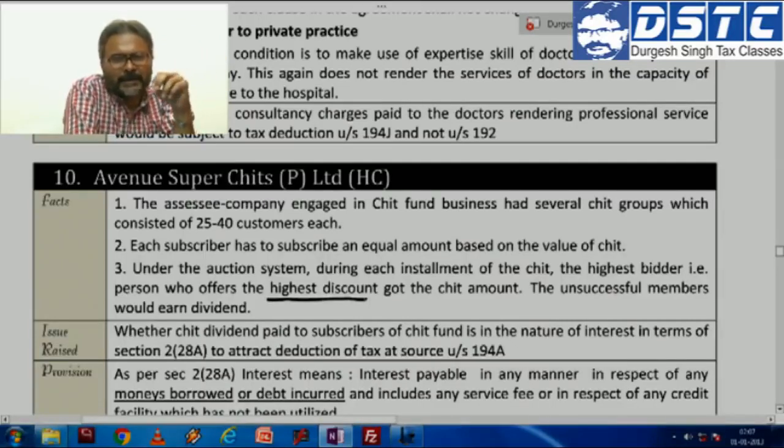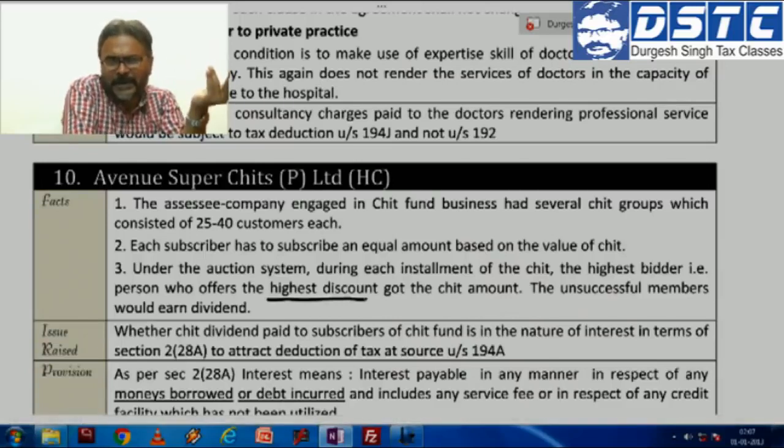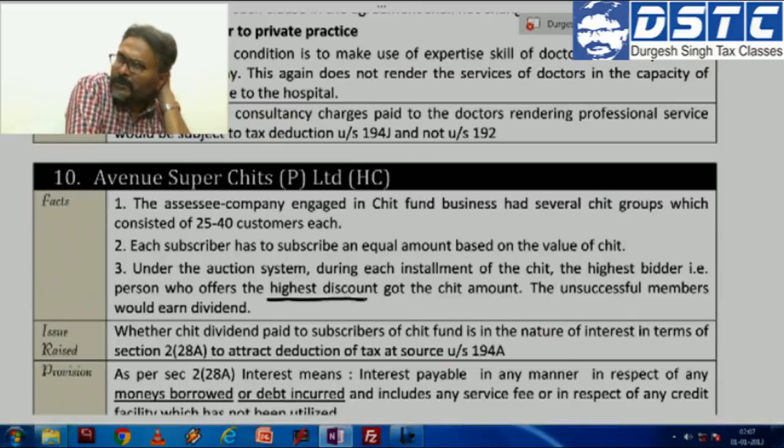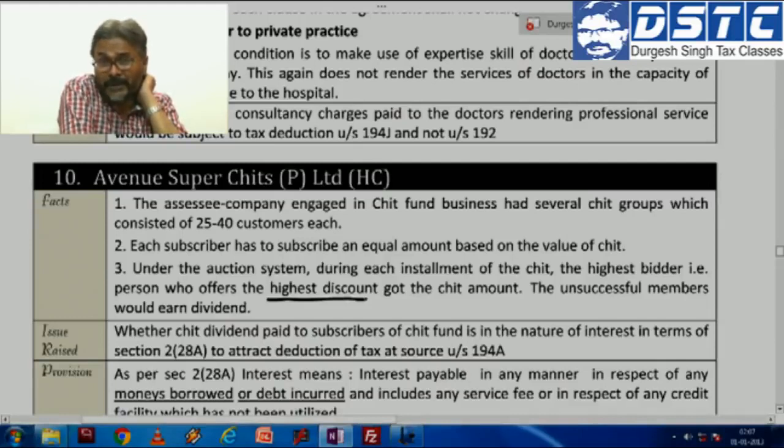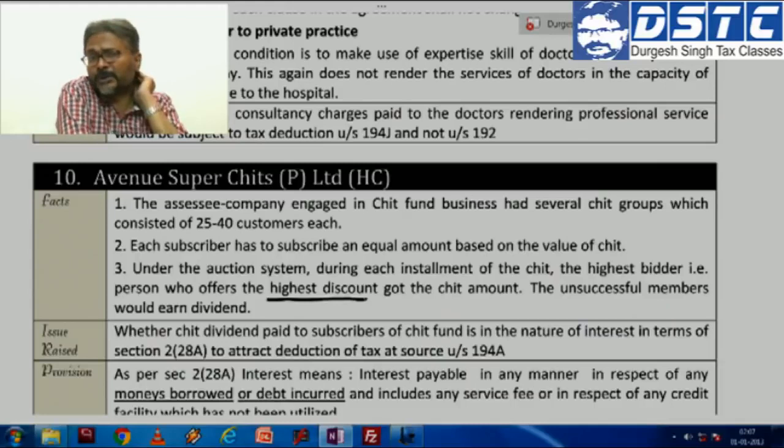Suppose all 30 people have participated in this particular chit. The lowest bid came for 2,500 rupees. So the highest discount is 27,500. The one who has gone with the highest discount, or conversely put, the one who has made the lowest bid, is the one to whom the chit will be given.